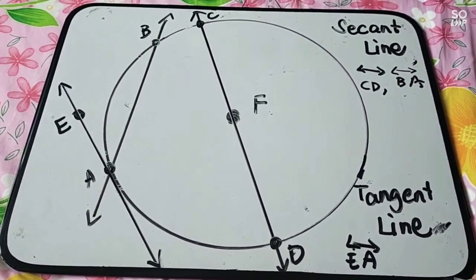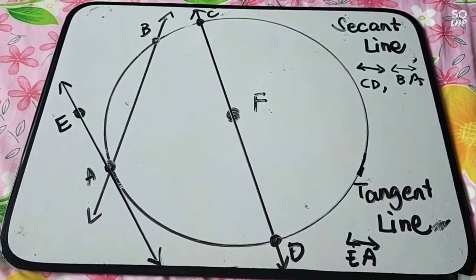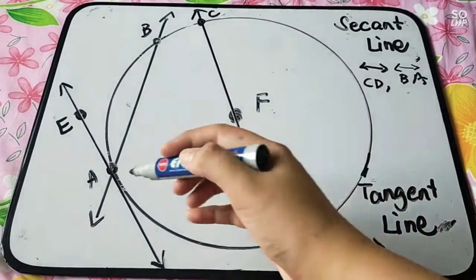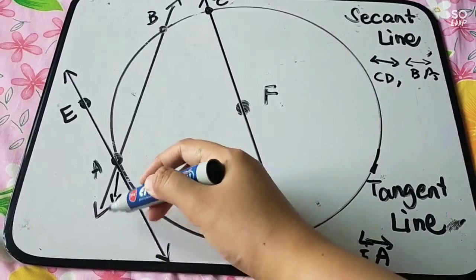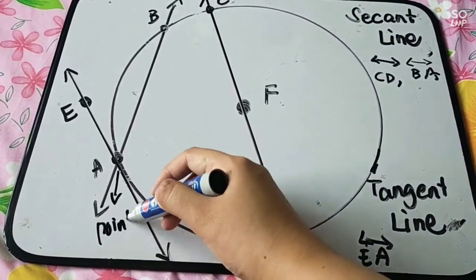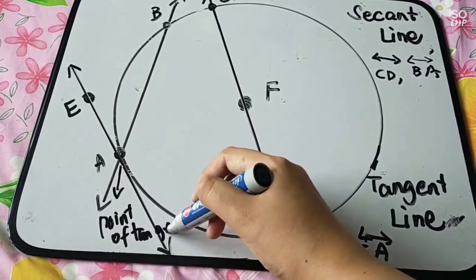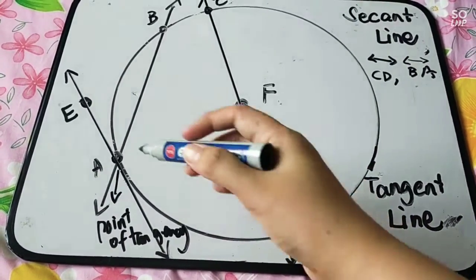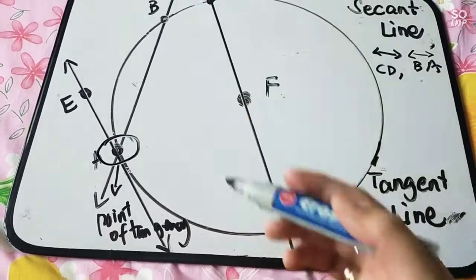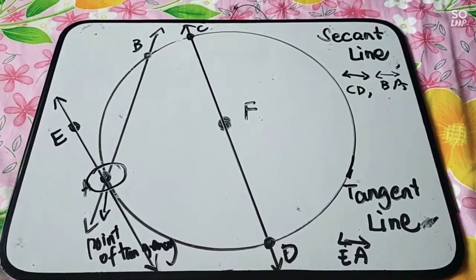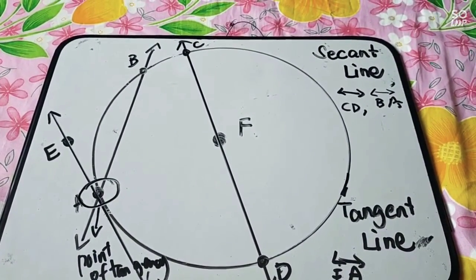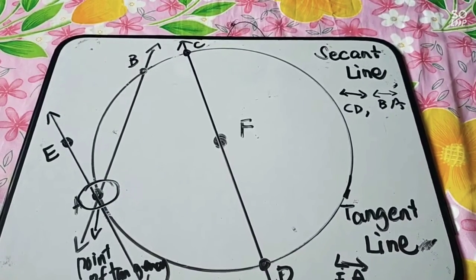Then, yung point na dinaanan ni tangent line within the circle, ang tawag po dito ngayon ay si point of tangency. Ang ating point of tangency ay si point A. Kasi, that is the point where the tangent line intersects the circle.